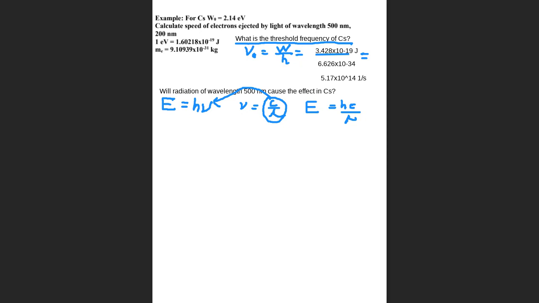I can take hc and divide by lambda, which by now you will all recognize as 5 times 10 to the negative 7 meters. And I get an energy of, oops, hit the wrong button.